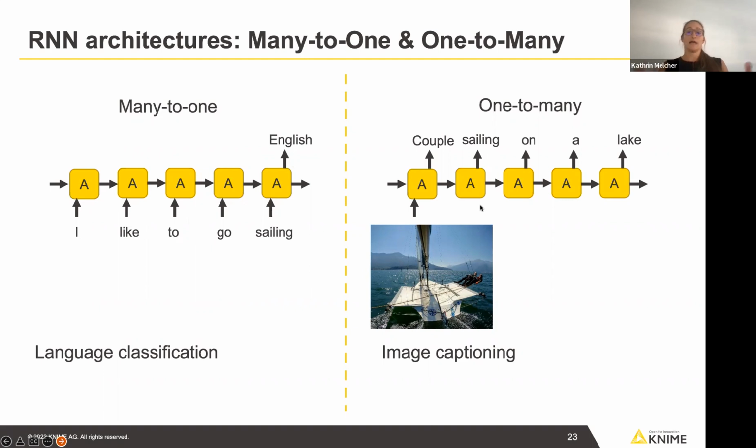And there is also the other way around, that you can have only one input, but you want to have a sequence as output. This would be one-to-many, one input, many outputs. An example is image captioning, where we have an image as input, and then we would create an output sequence as a result.